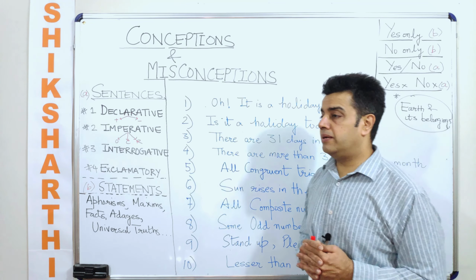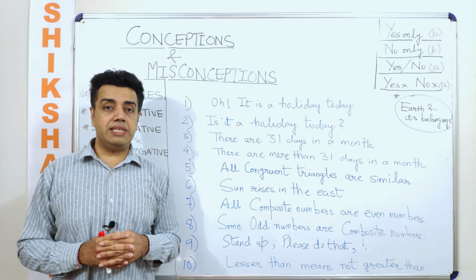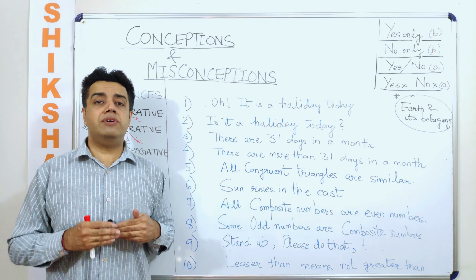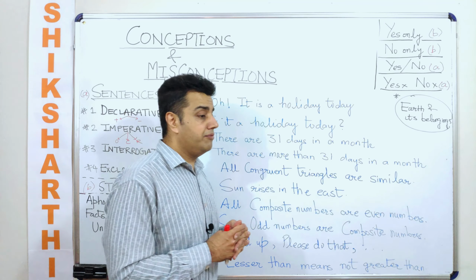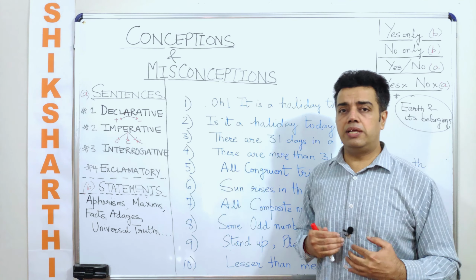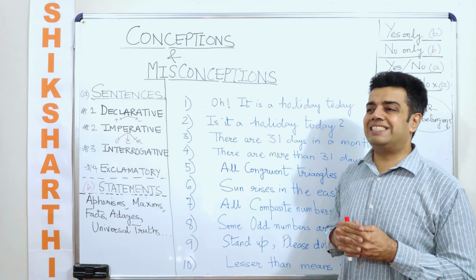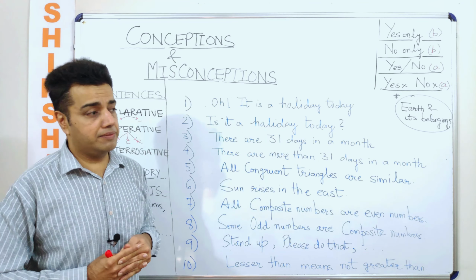Now the moment I use a word like both, that means I'll say sometimes yes, sometimes no, meaning thereby that there is a dilemma. Whenever there is a dilemma, a sentence can never be categorized as a statement. But whenever you have an unequivocal interpretation, I mean, unequivocal here means having a unique interpretation, in that case a sentence always becomes a statement. I hope I am clear.